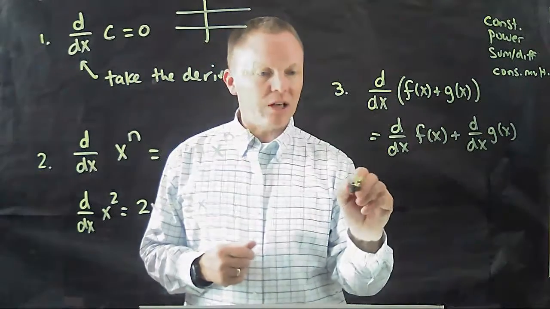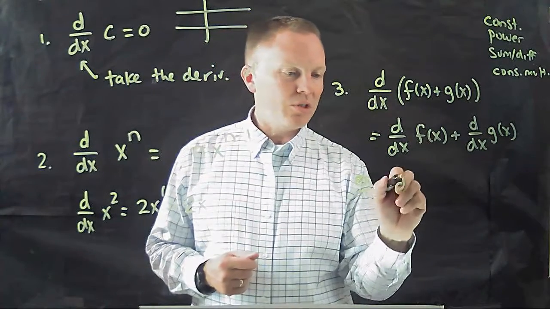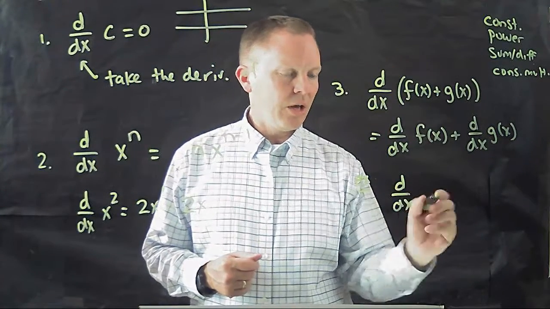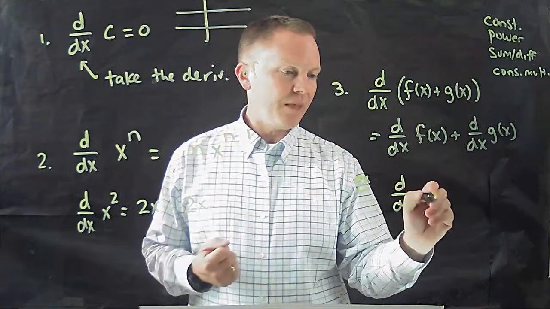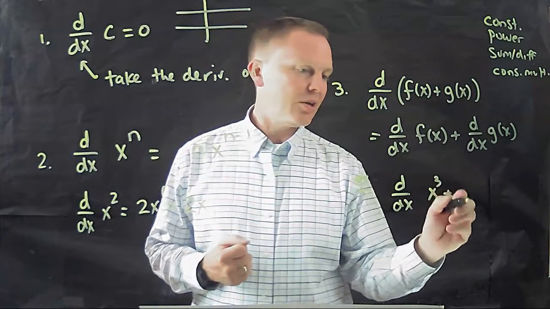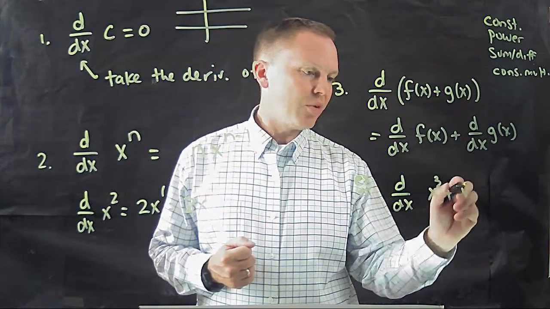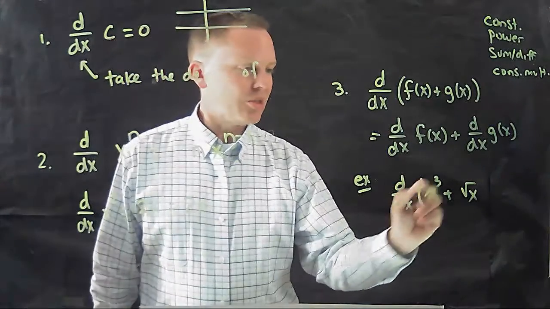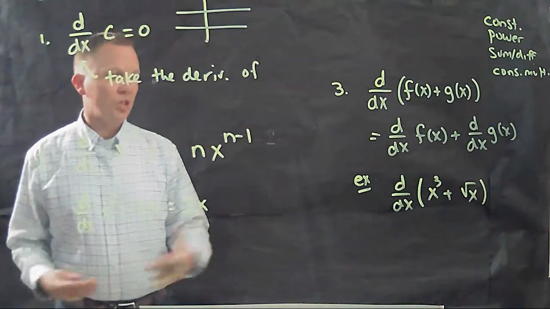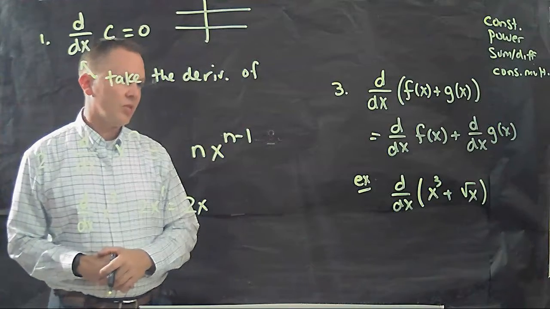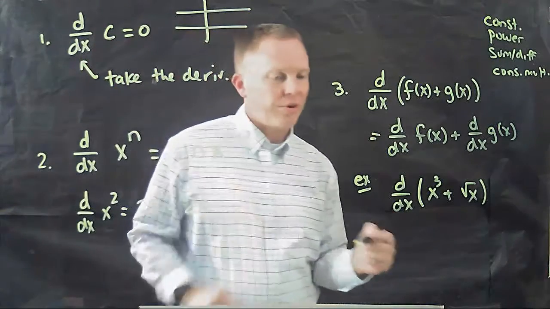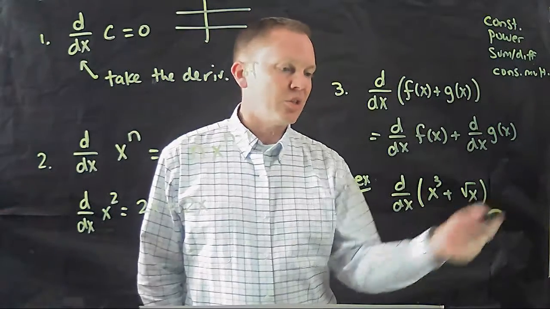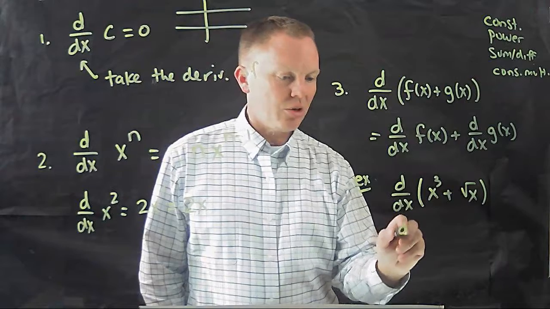So a quick little example of that would be, what's the derivative of, let's say, x cubed plus the square root of x? I'm going to put this in parentheses. So we're finding the derivative function here. It's just going to be the derivative of each one of these term by term.